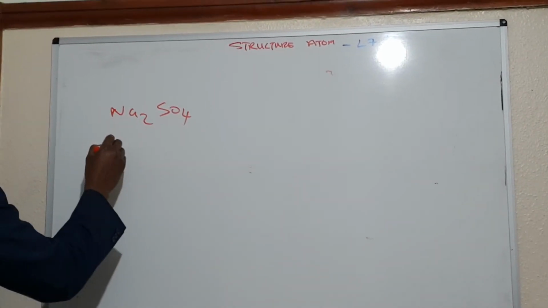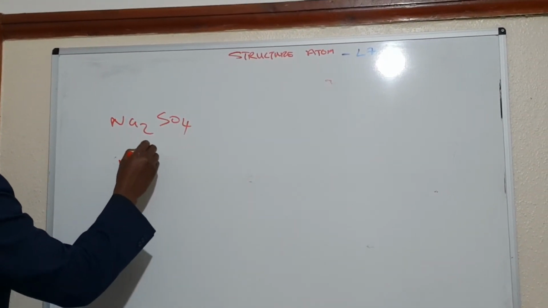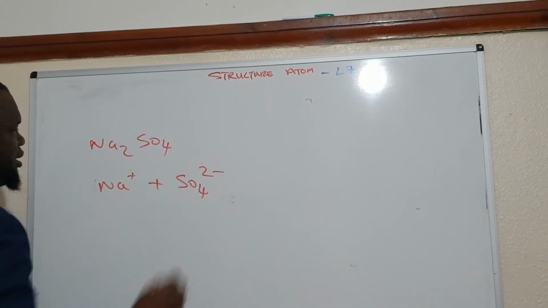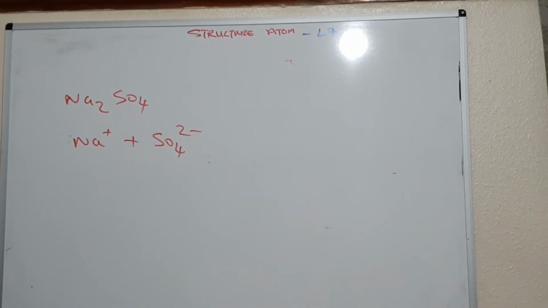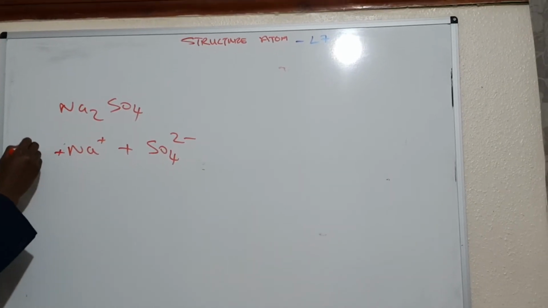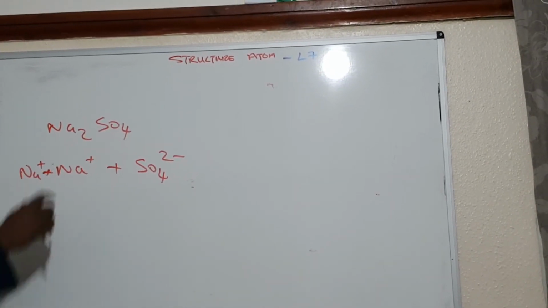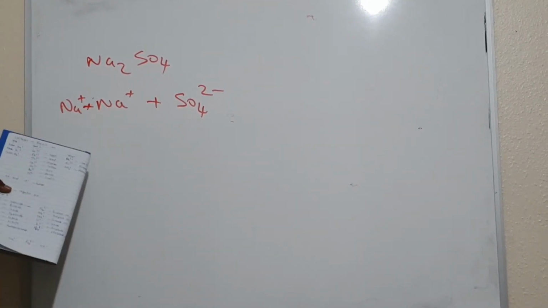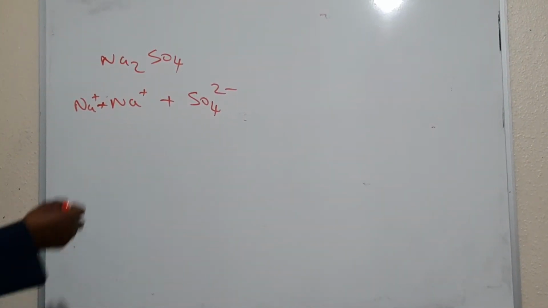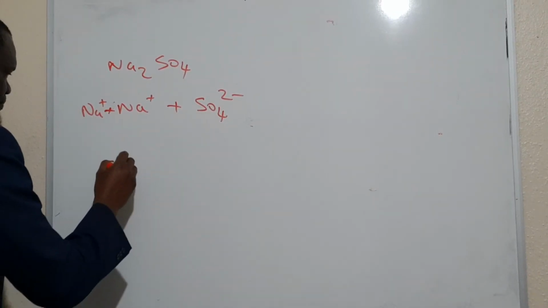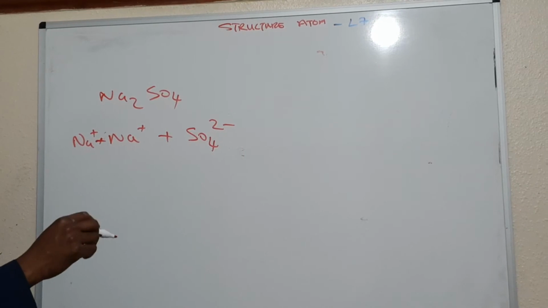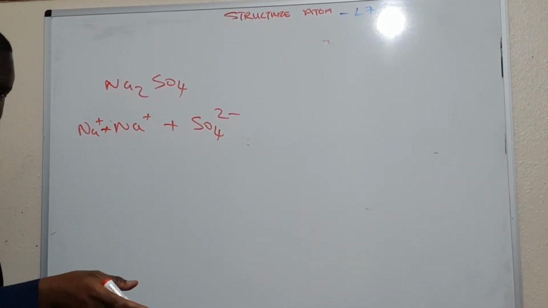Sodium is 1 positive and SO4 is 2 minus, and you need another Na to make Na2SO4. So if you don't do this before we do reactions, when I give you the famous neutralization reaction. What's a neutralization reaction? A reaction between an acid and a base.